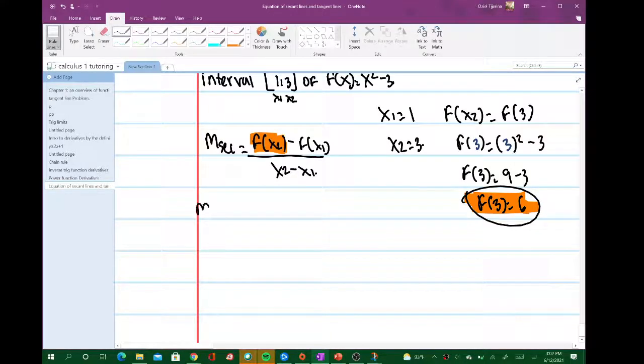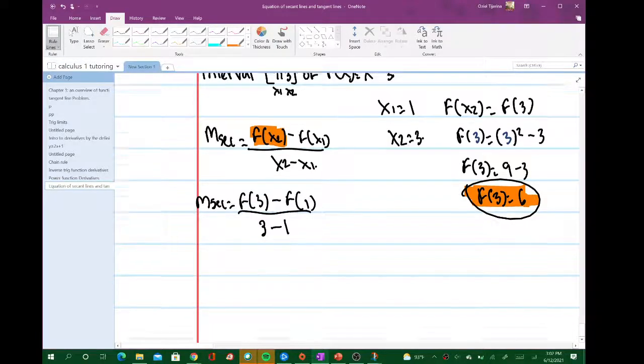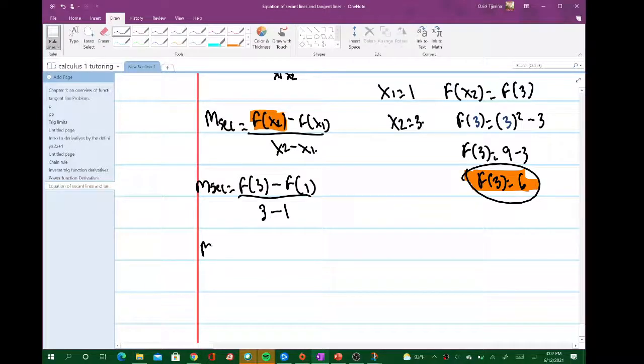Let me rewrite this and plug in x1 and x2 into these numbers here. So m secant is going to be defined as f of 3 minus f of 1 over 3 minus 1. We can solve the bottom, so the slope of the secant line is equal to f of 3 minus f of 1 over 2, really, because 3 minus 1 is 2, right?